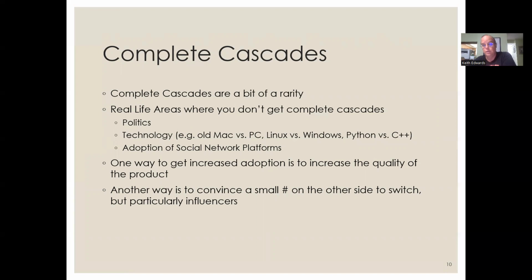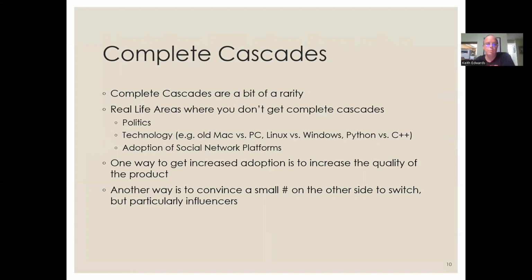Technology, even to a certain extent, there was the old Mac versus PC ads. Not everybody adopted PC, even though it was the more dominant or more common platform. Same with Linux versus Windows, Python versus C++.